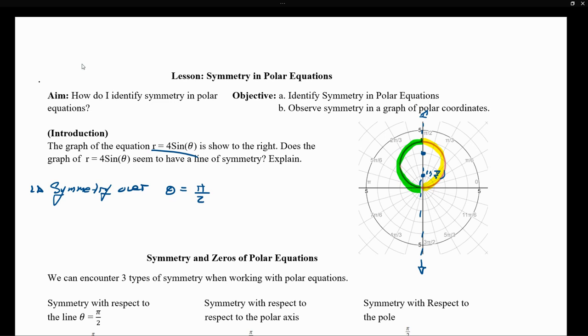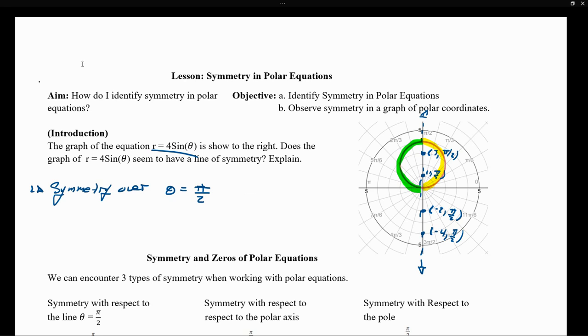If I had chosen this point right here, that would be equivalent to 3 comma pi over 2. This point over here would have been negative 2 comma pi over 2. It doesn't matter which point I choose on this vertical line, there's one thing that all those points have in common, and that is their angle is equivalent to pi over 2. So that would be negative 4 comma pi over 2. That's why this vertical line is going to be defined as whenever the angle is equivalent to pi over 2.